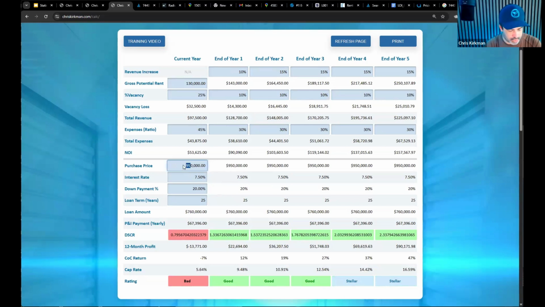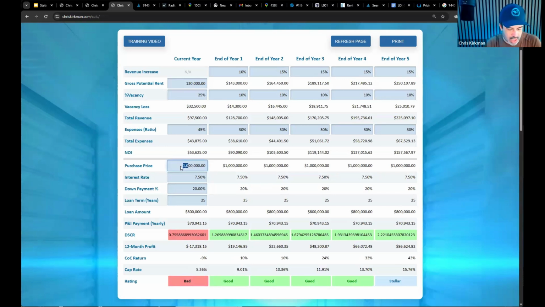Okay, let's just do 1. Okay, that works. So we know that $1 million would work for this, and their purchase price would not work. But I want to land on $1 million at the highest.